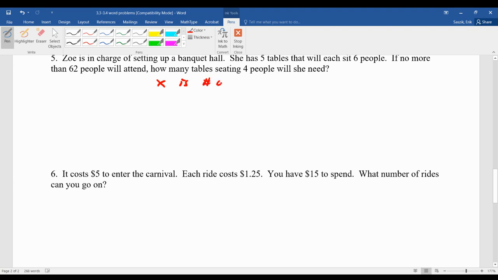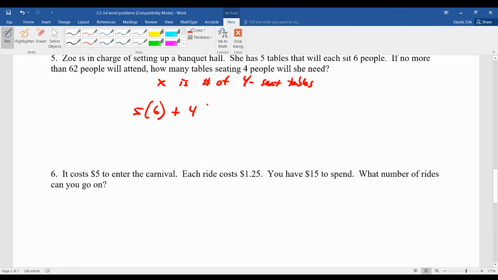X is number of 4-seat tables. Now she's expecting no more than 62 people. So she knows she has 5 tables that seat 6 people each. So that's 30 people that she's accounting for right there. She's trying to figure out how many 4-seat tables she needs.